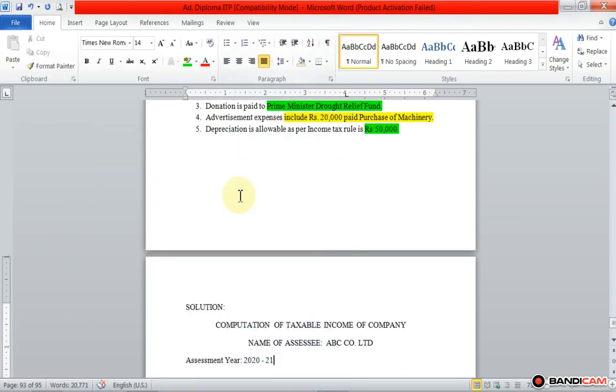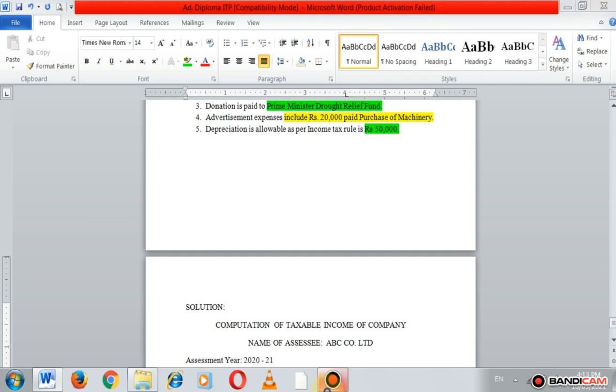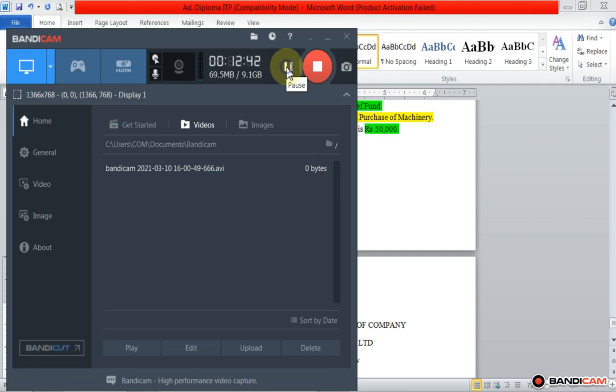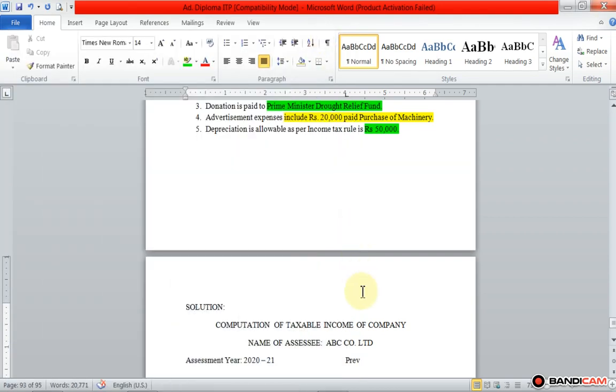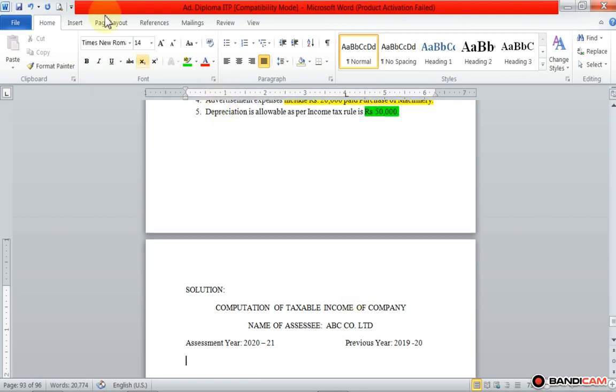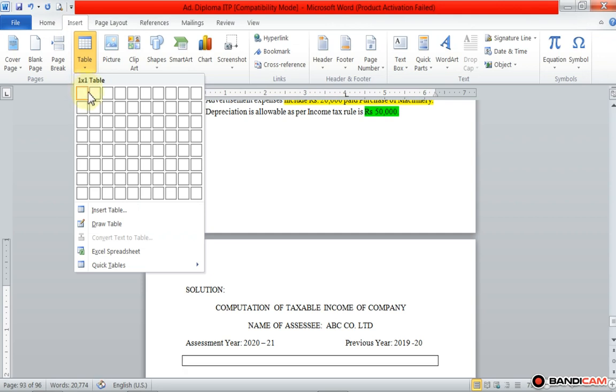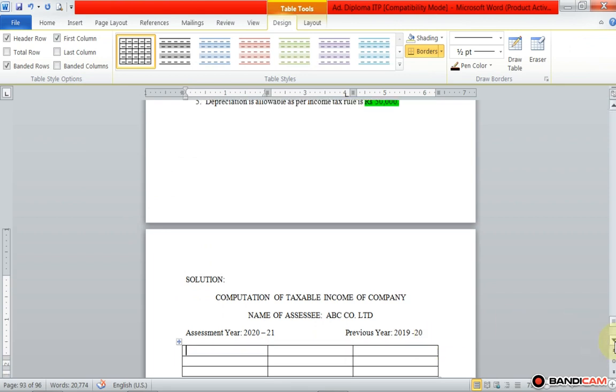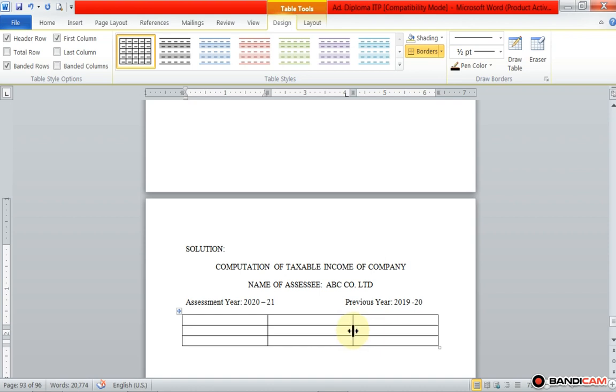Previous year: 2019-20. Prepare a three column format: particulars, rupees.